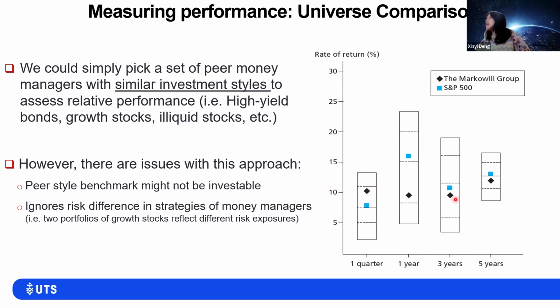Those black dots represent the percentile locations in the universe, and also we have 4 bars, right? The first bar represents the 1/4 returns of this fictitious group, and also the returns of the comparison universe.